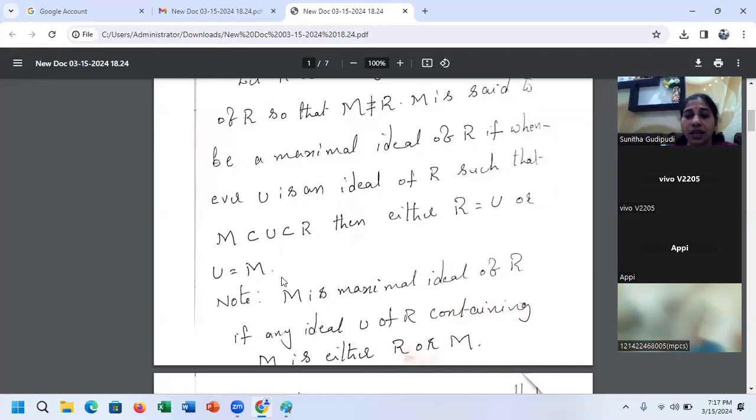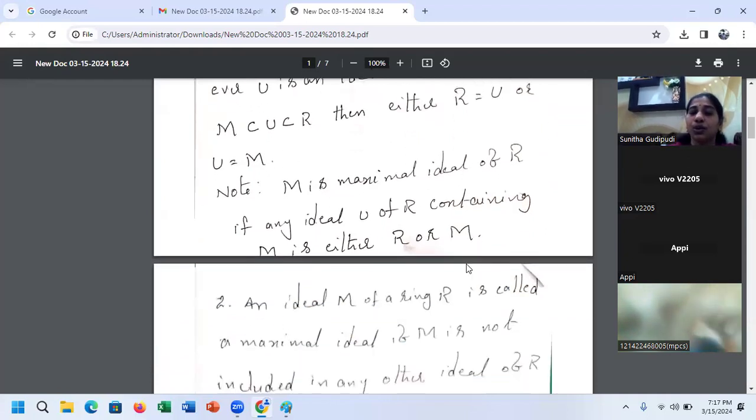That means there shouldn't be any ideal U in between M and R if M is the maximal ideal.